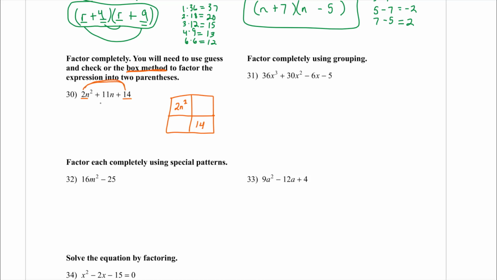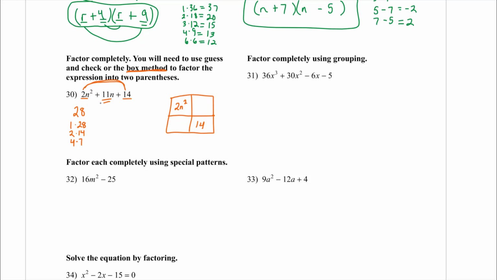We do need to do 2 times 14, which is 28. And we're going to think of pairs to get 28 that add to get this 11. Because the interaction happening here for what we would do to FOIL makes this more complicated than what we had to do before. And the difference is that there is something in front of n squared. That's why we're having to use a more complicated method.